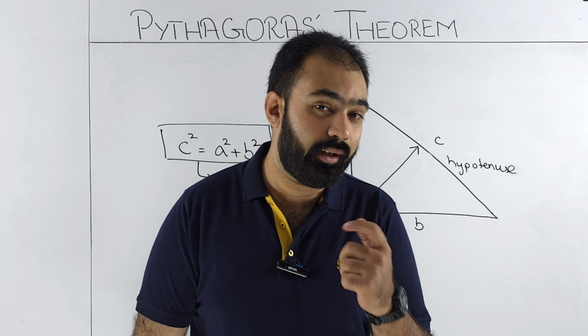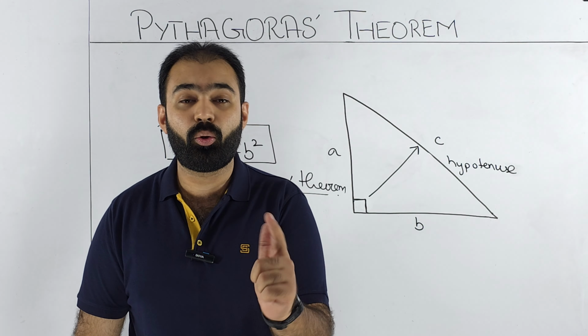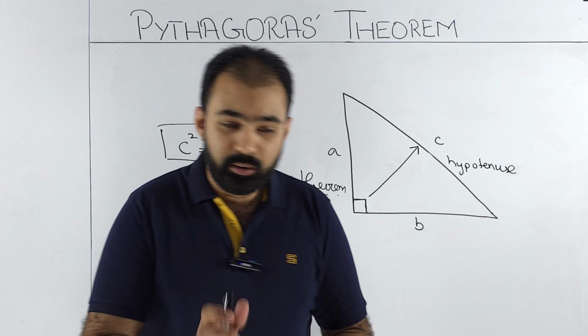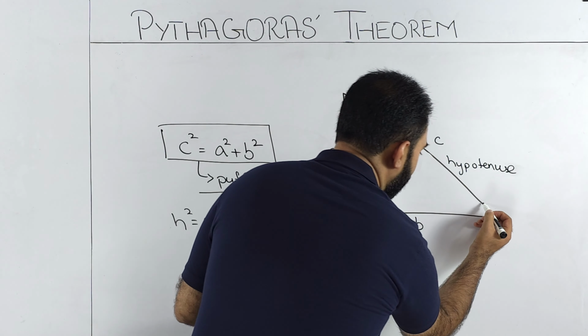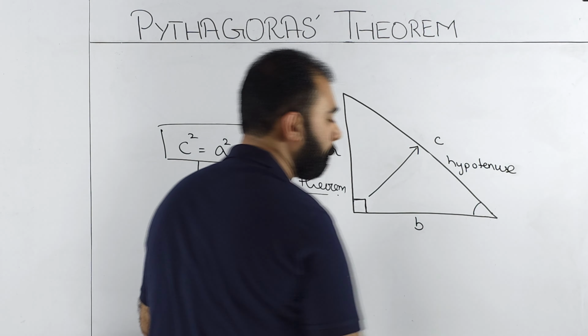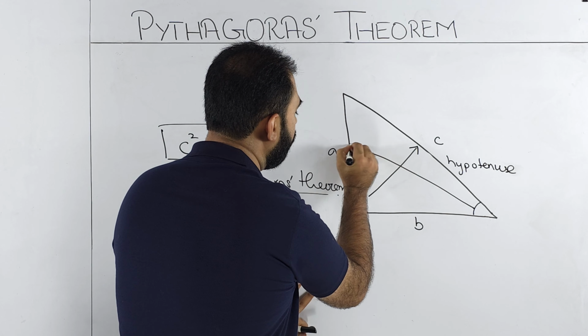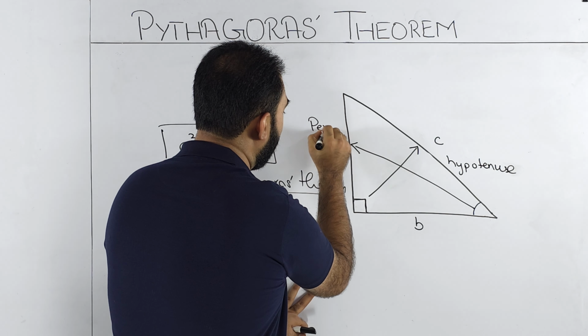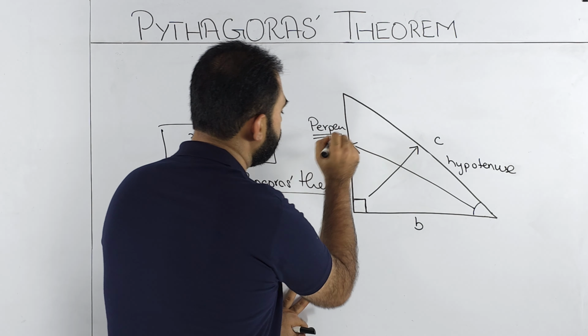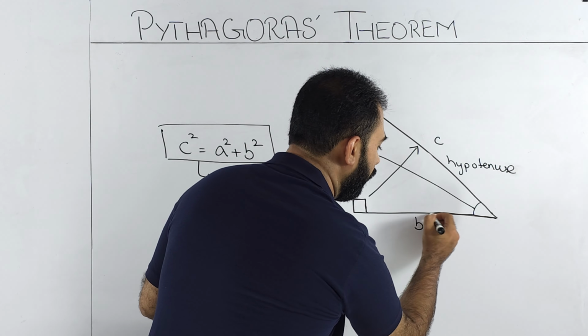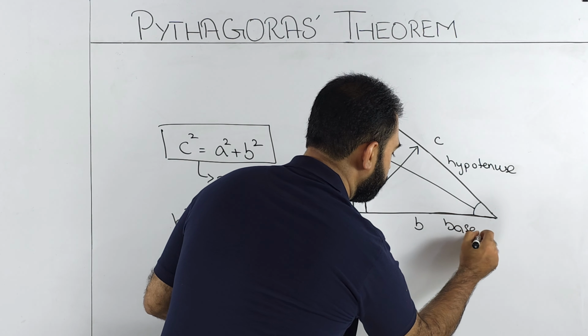Whenever I select an angle, that decides which length will be perpendicular and which will be base. Suppose I select this angle. If I select this angle, the length opposite to this angle is called perpendicular, and the length adjacent to this angle is called base.